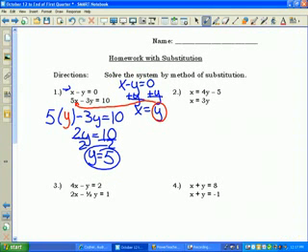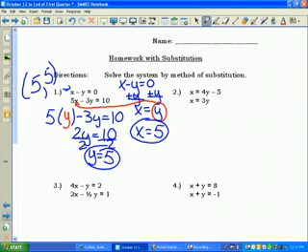When I find x, I'm going to take that 5 and substitute it for y in the other equation. But if x equals y, and y is equal to 5, that means x is also equal to 5. So I found my x, I found my y. My point of intersection for those two equations is (5, 5).